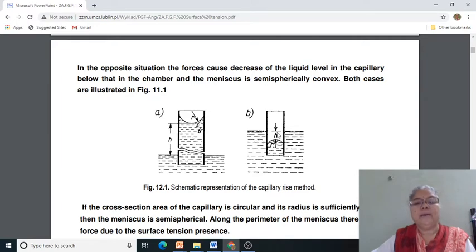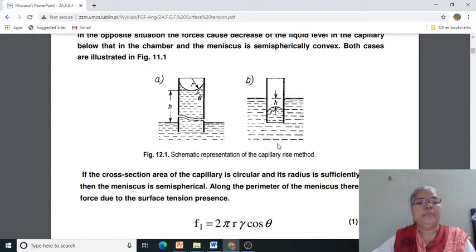And in this case the cohesion forces are greater than the adhesion forces, and in this case we have a semi-spherically convex portion in the capillary tube.